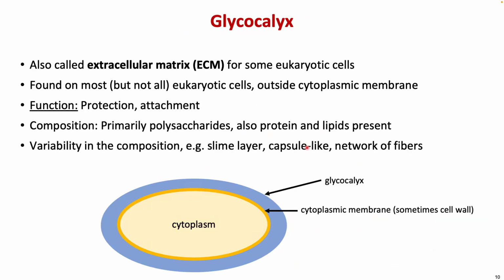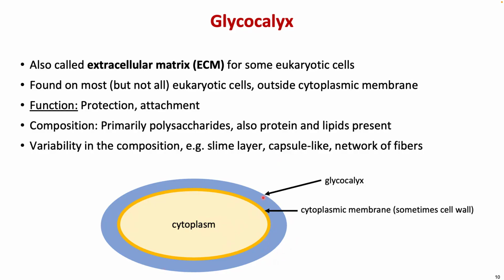Next, we will talk of the glycocalyx. It's also called the extracellular matrix for some eukaryotic cells, and is found on most eukaryotic cells, outside of the cytoplasmic membrane. So here you have the cytoplasm, and then you have the cytoplasmic membrane, and then outside of the cytoplasmic membrane, that's where you have the glycocalyx. The function is for protection and attachment.